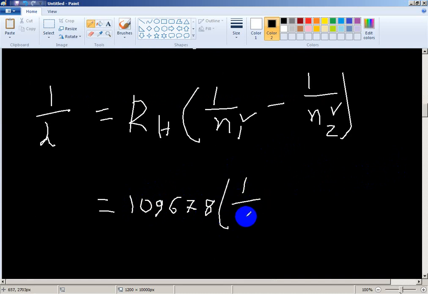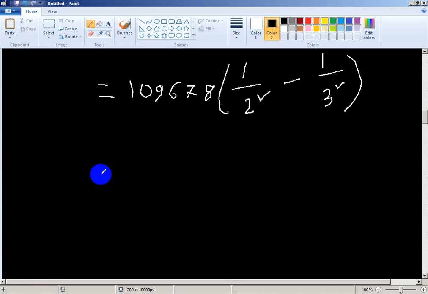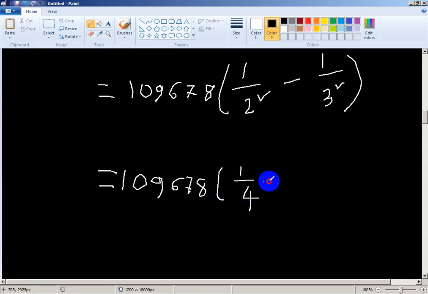Okay, N1 equal to 2 and N2 equal to 3. So we have 109678 times 1 by 2 square minus 1 by 3 square. 2 square means 4 and 3 square means 9.